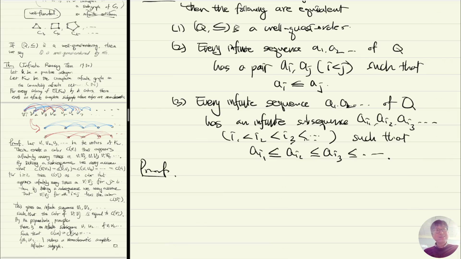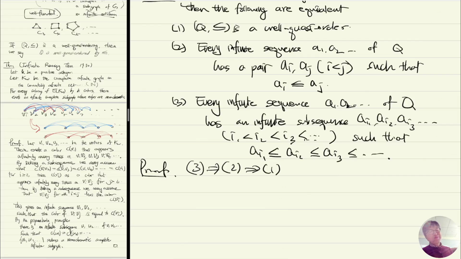The proof is quite nice. 3 implies 2 is easy, because if you have an infinite subsequence, you just take a_{i1} and a_{i2}, then you get 2. And 2 implies 1 is easy, because we need to prove that it's well-founded and has no infinite antichain.